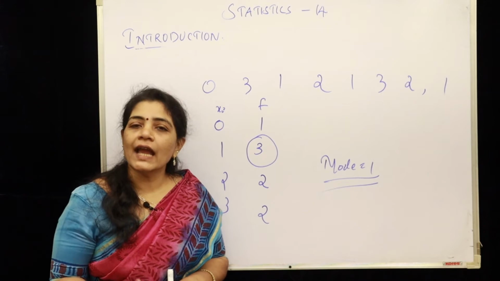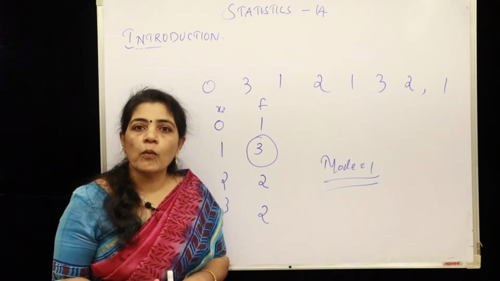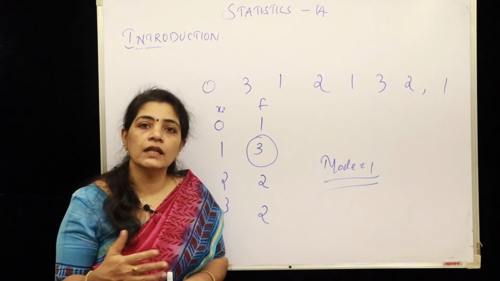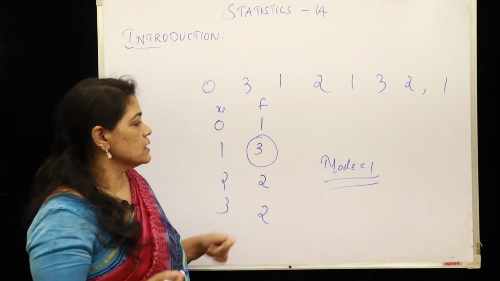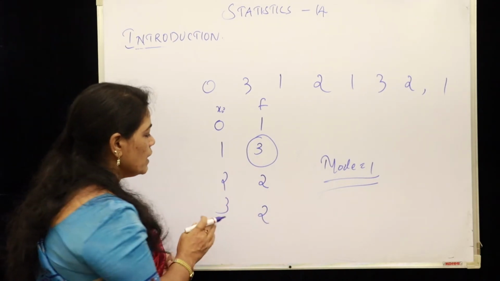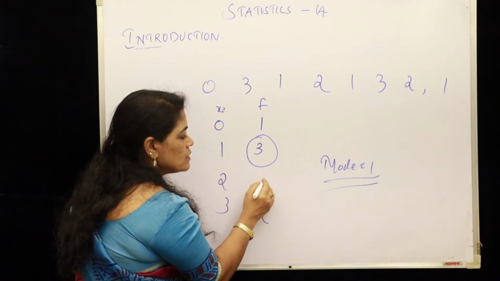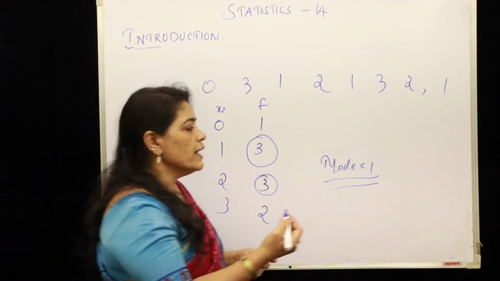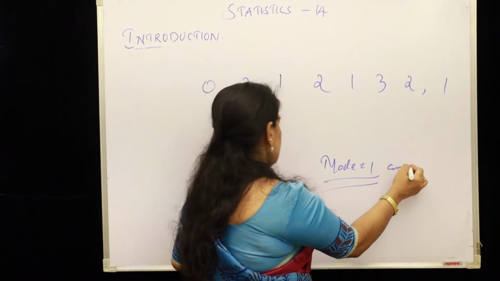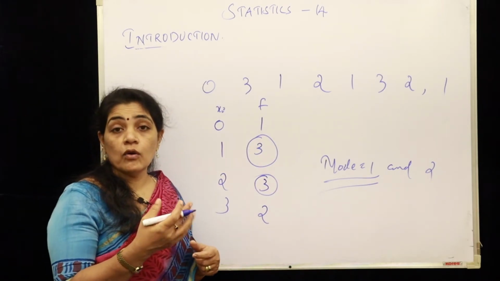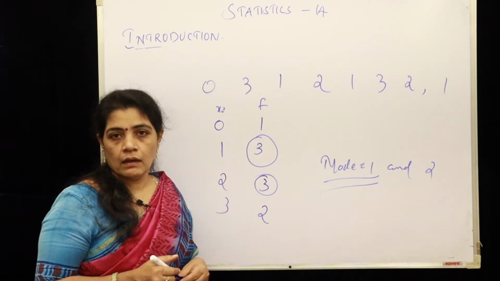Mode can be for 2 observations, which can occur the maximum number of times, that is 3 times. If 2 also occurs 3 times, you have to write mode equal to 1 and 2. In such cases we have multimodal.